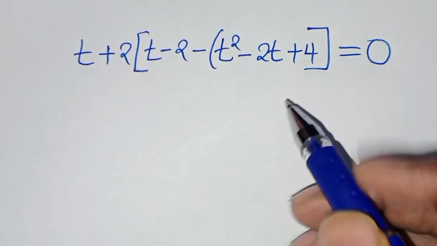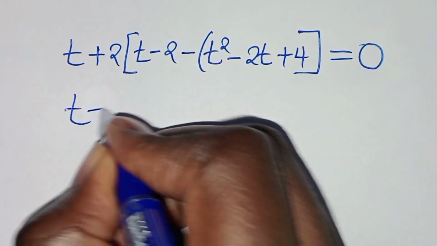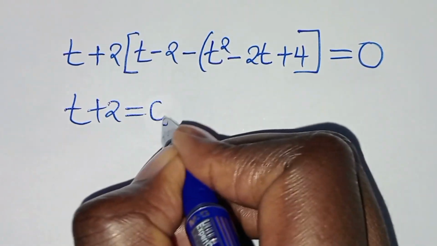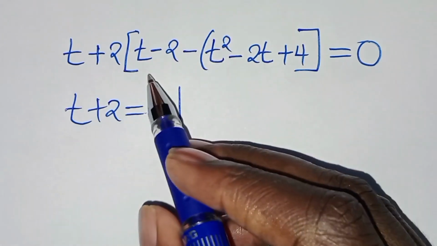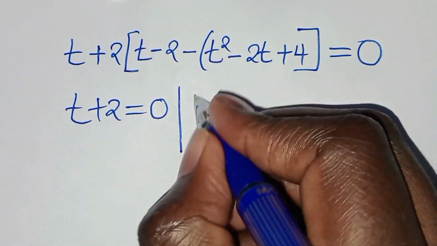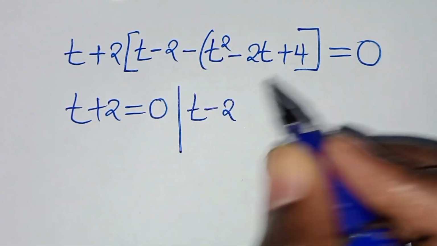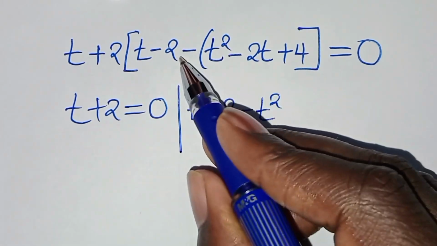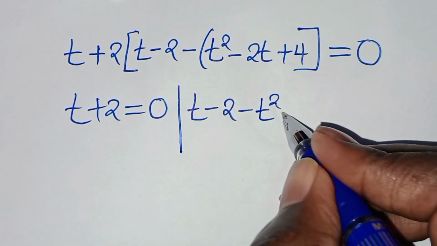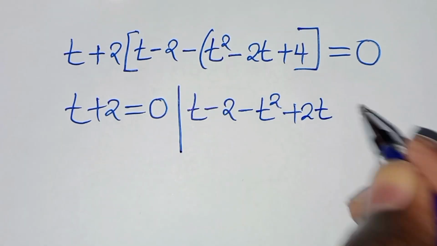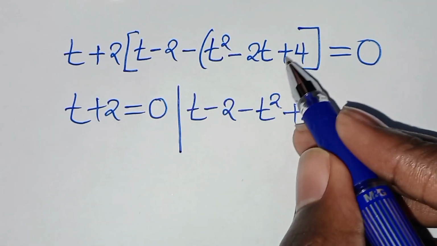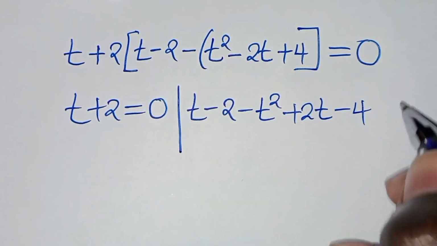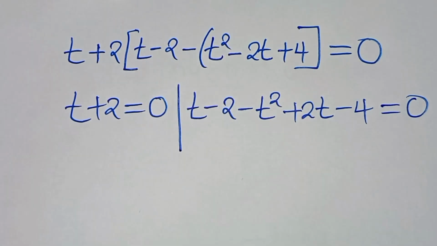So here we have two parts. The first part is t plus 2, and this is equal to 0. The second part here, we have t minus 2, then minus t squared, then minus times minus 2t, this is plus 2t, then minus times plus 4, this is minus 4, this is equal to 0.